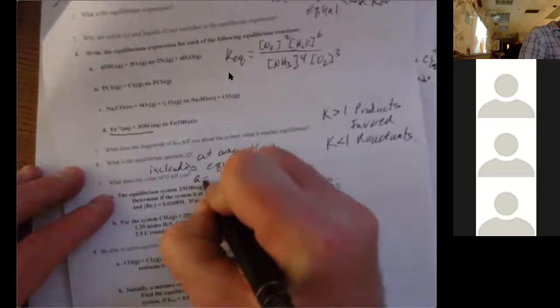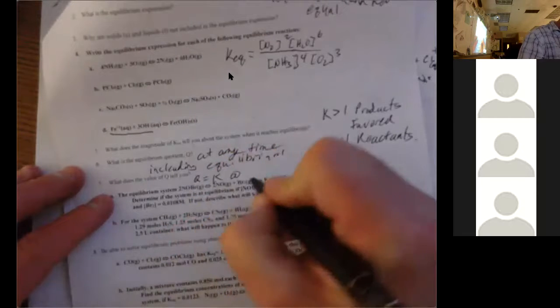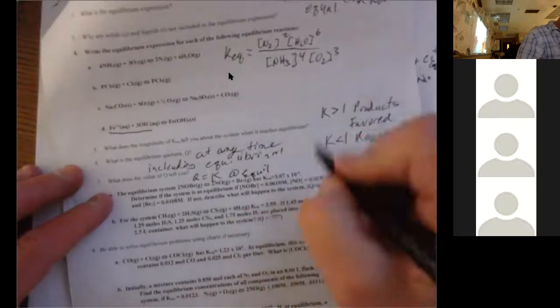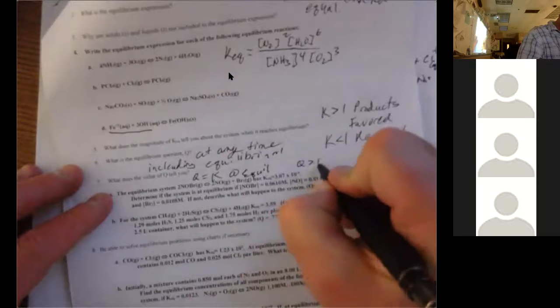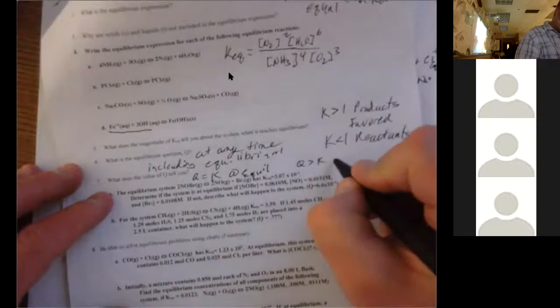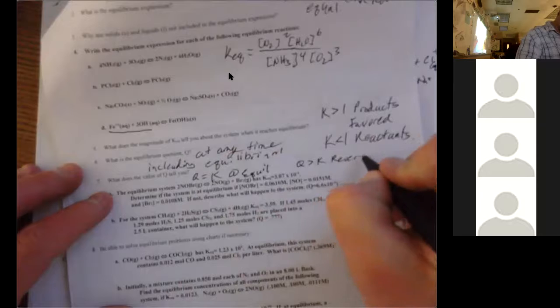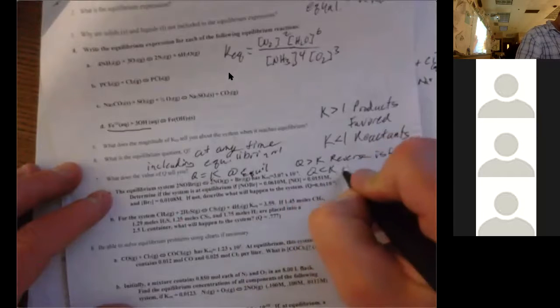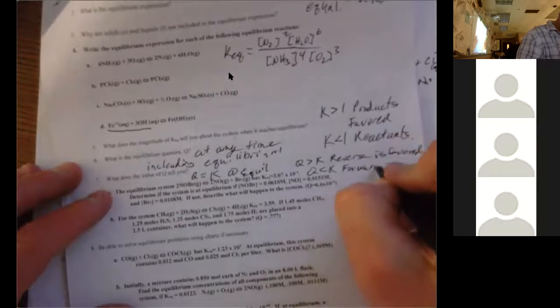If Q equals K, that's at equilibrium. If Q is greater than K, then it has to favor the reverse reaction. If Q is less than K, it favors the forward reaction.